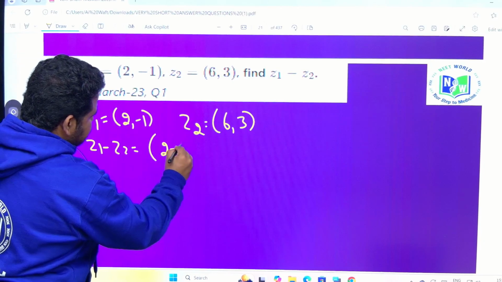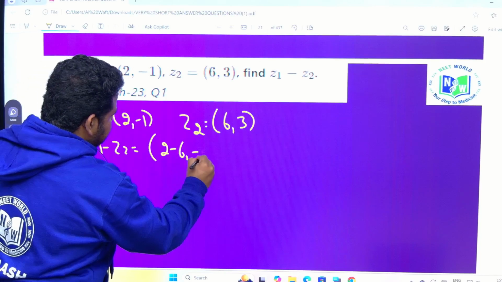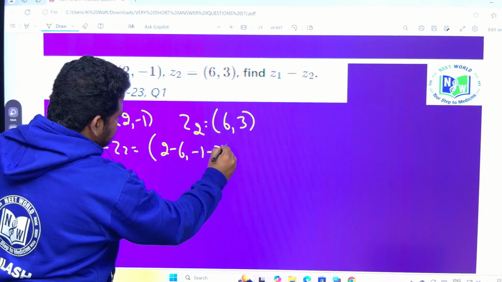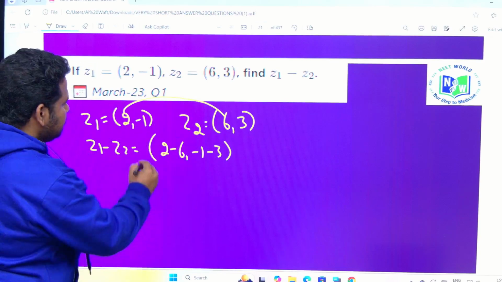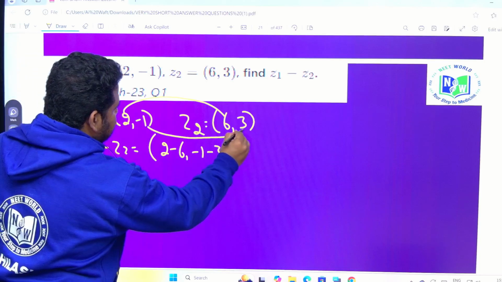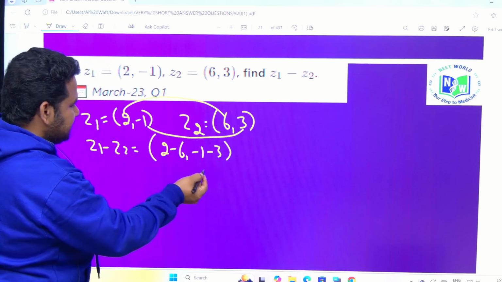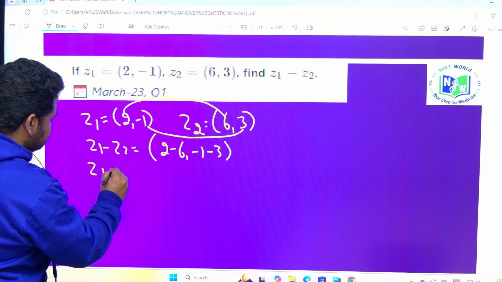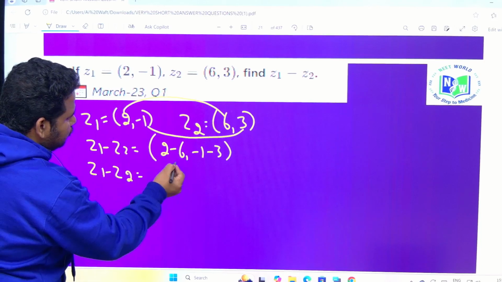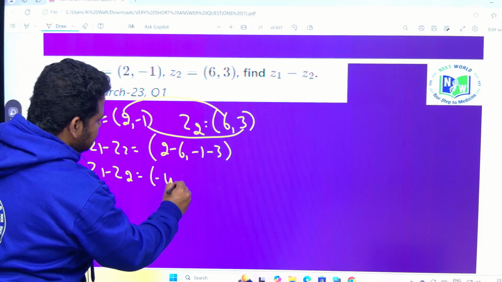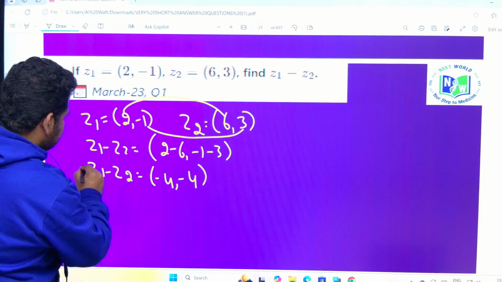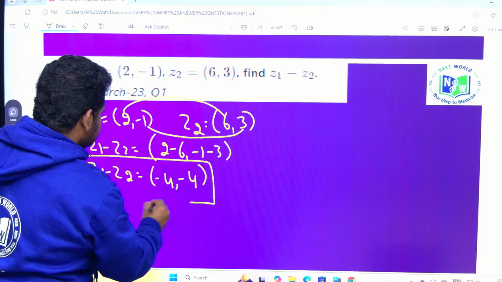So 2 minus 6 will be minus 4, and the imaginary part minus 4. So here the answer is Z1 minus Z2.